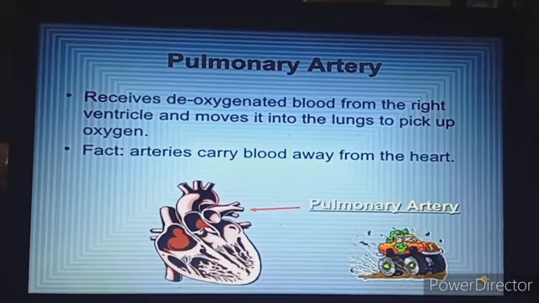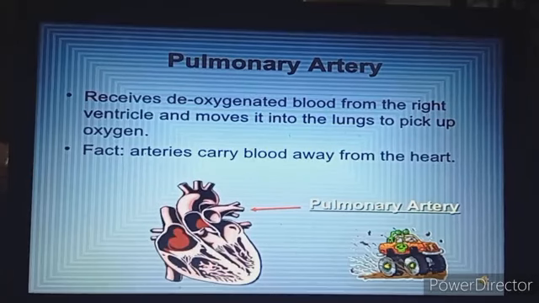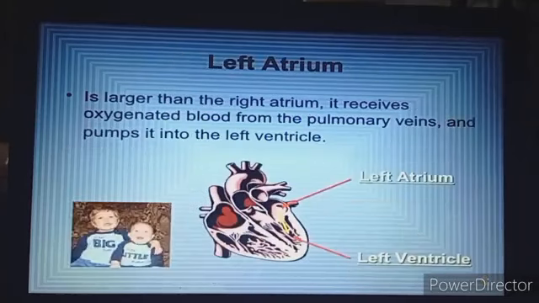So the pulmonary artery is also carrying blood away from the heart, but the blood carried by this pulmonary artery is deoxygenated blood. The rest of the arteries carry oxygenated blood.